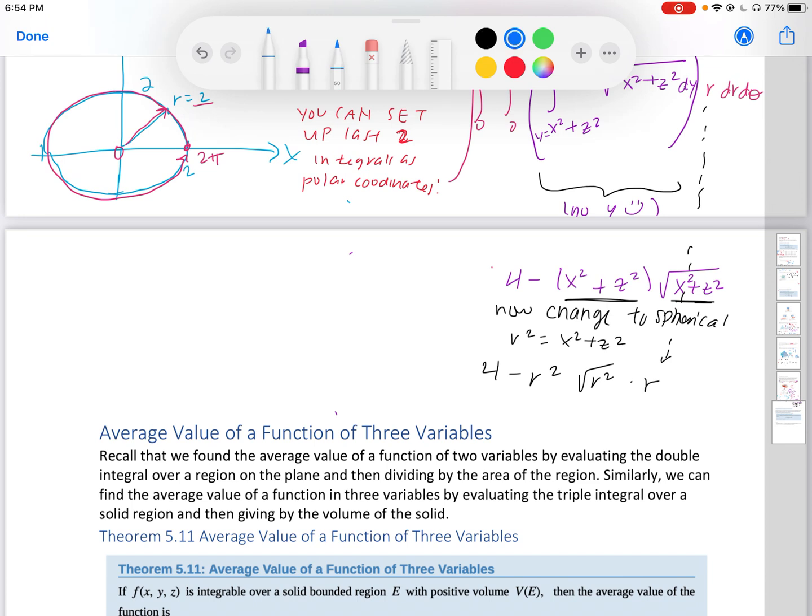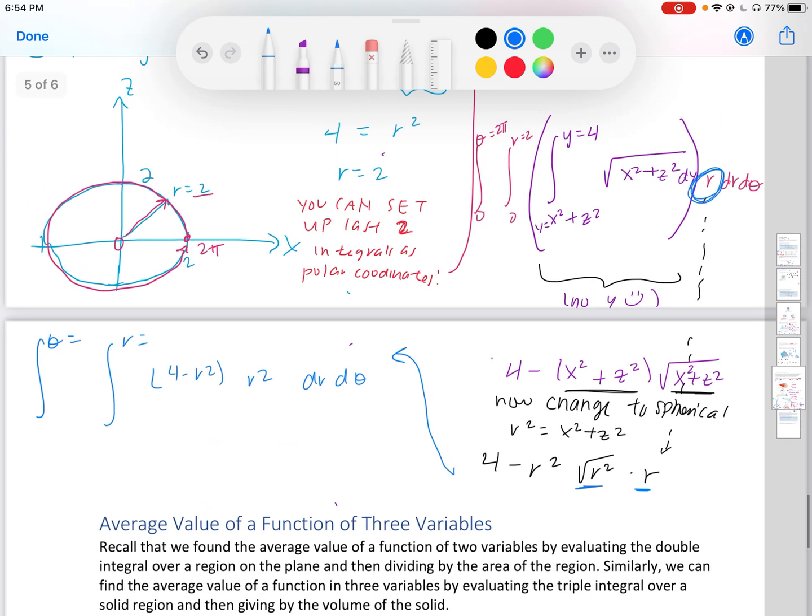So inside our integral, I'm sorry for the mess, we should have this is just going to be r, and then r times r is r squared. So we're left with 4 minus r squared times another r squared, and then dr d theta, since we already counted that r from over here. So I'm left with r and then theta, which we already set up our bounds for. R is from 2 to 0, and theta is from 2 pi to 0.